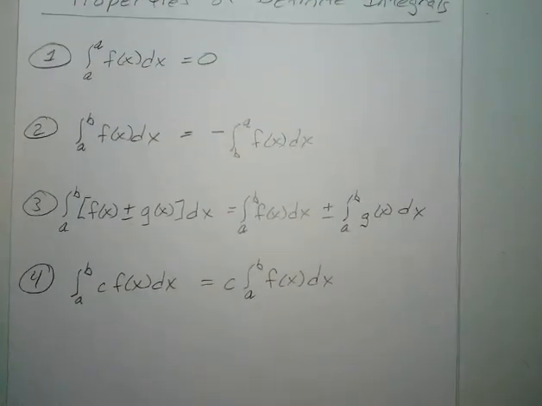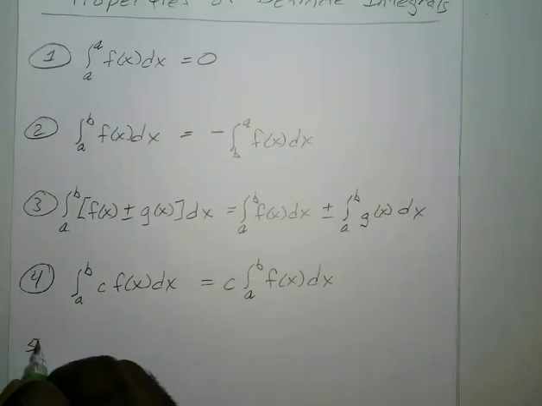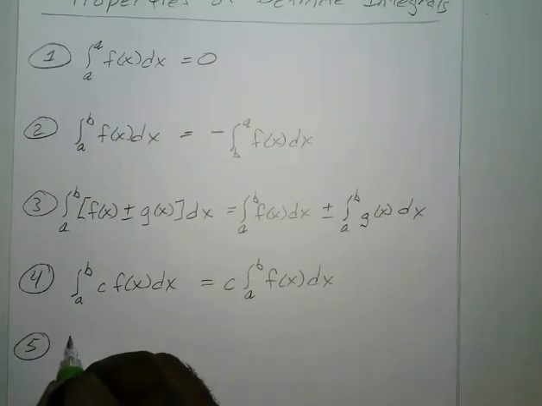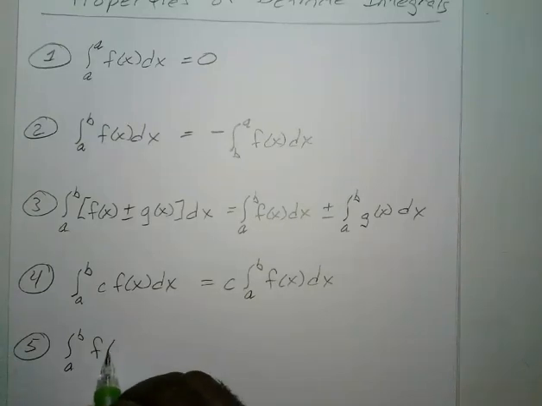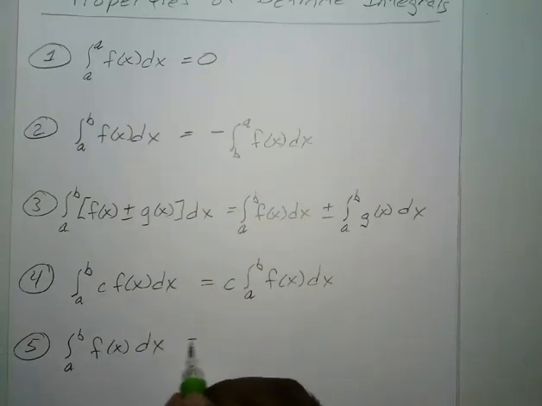All right, and last but not least, if we have some integral from a to b of f of x with respect to x, we can actually break that down.